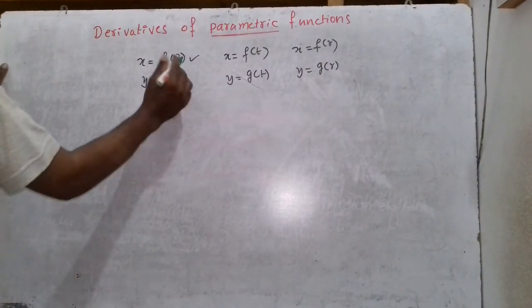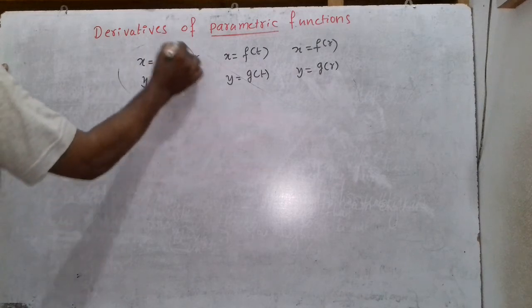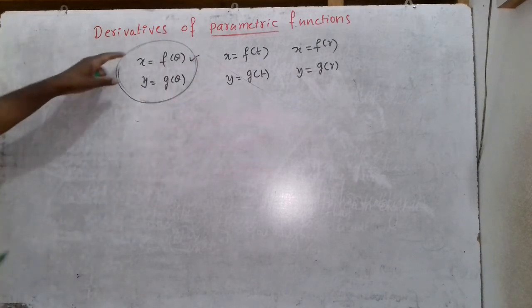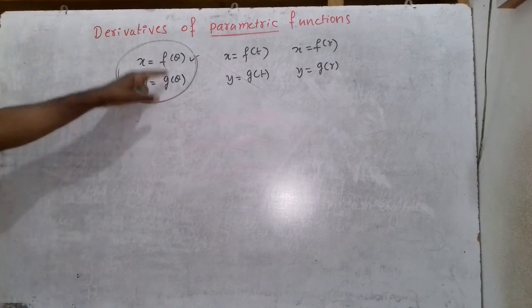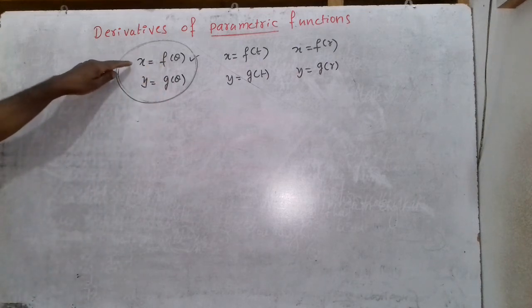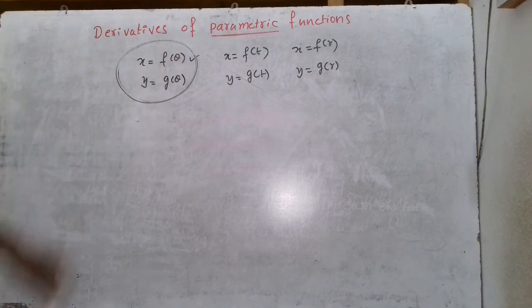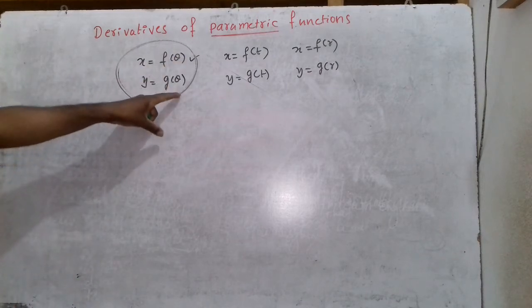Now consider this one, x equal to f of theta, y equal to g of theta, common parameter is theta. Therefore, differentiate x with respect to theta and differentiate y with respect to theta.